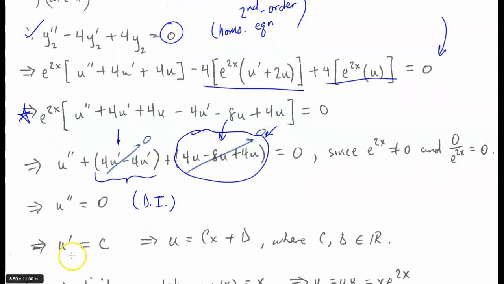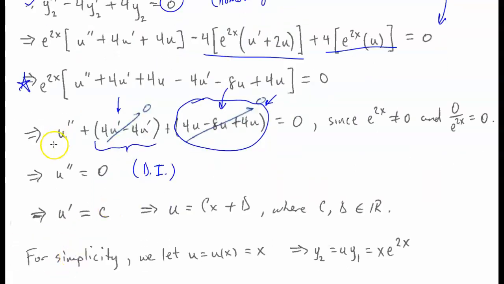So if I know that the second derivative of some function is 0, then that means that the first derivative was a constant. And if I know that the first derivative of a particular function was a constant, then it means that the original was a line. And that's how I end up getting this.